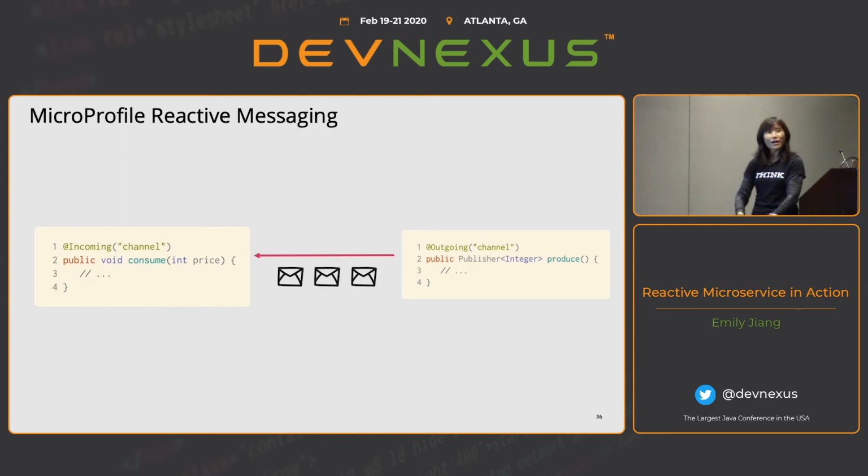That somewhere is a channel, so they communicate via that channel. They don't even know where the publisher lives. I don't need to know the URL for this consumer at all. The consumer can go at any time, the publisher can go at any time, and maybe another publisher comes in to publish a message.